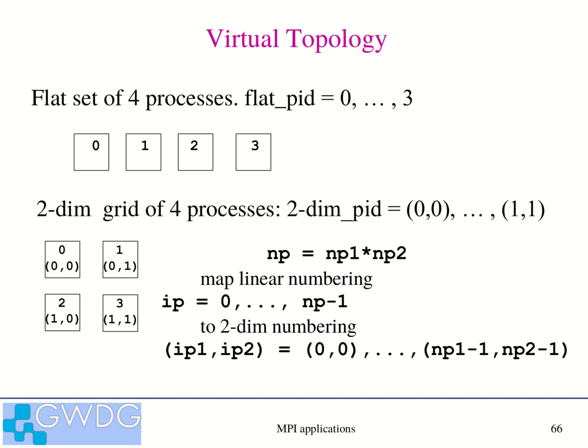So they will have the numbers 0,0, 0,1, 1,0, and 1,1. And the linear numbering must be converted to a two-dimensional numbering. The first step.